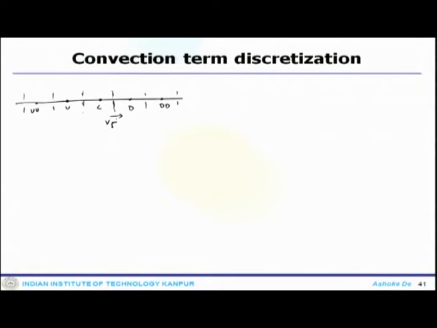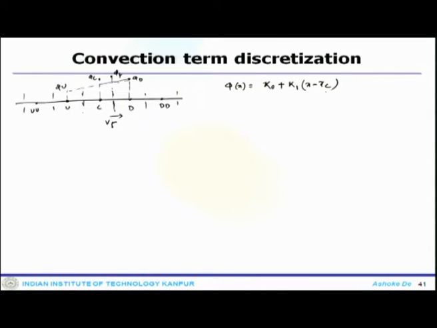So, it uses some sort of a profile calculation between these points. This is phi d, phi u, and in between you have phi c and phi f.